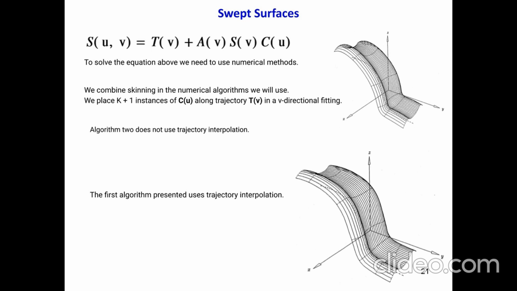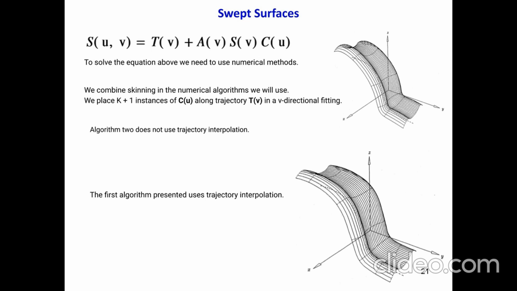So we can combine skinning when constructing a swept surface using this trajectory curve interpolation, and the trajectory being the v direction. There are two algorithms given in the book. Algorithm 2 does not use trajectory interpolation, as shown on the top. The first algorithm uses trajectory interpolation and is shown on the bottom.